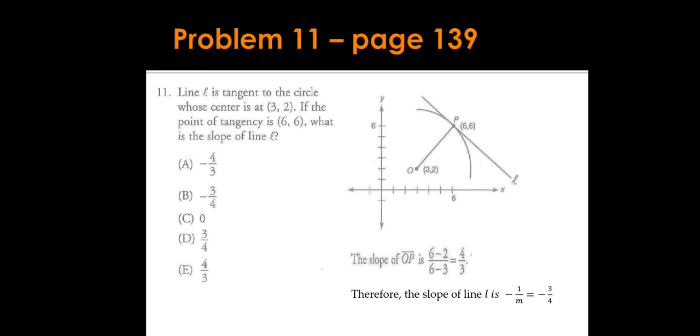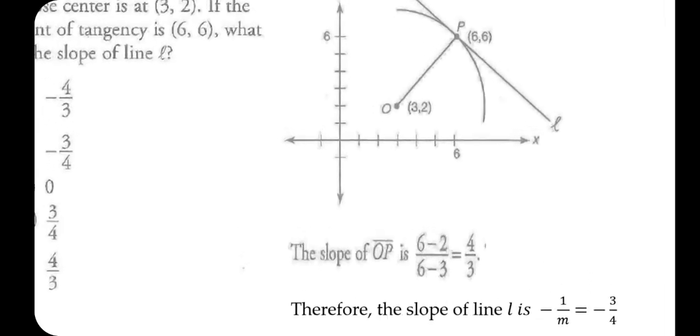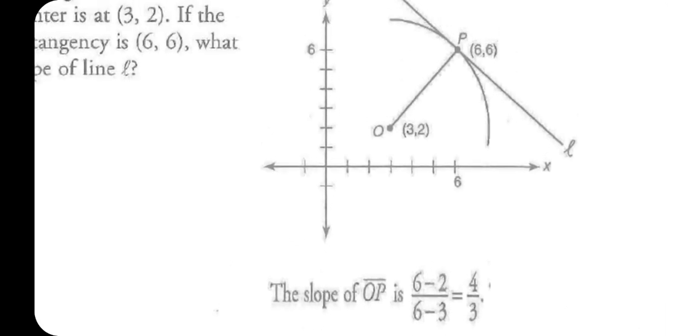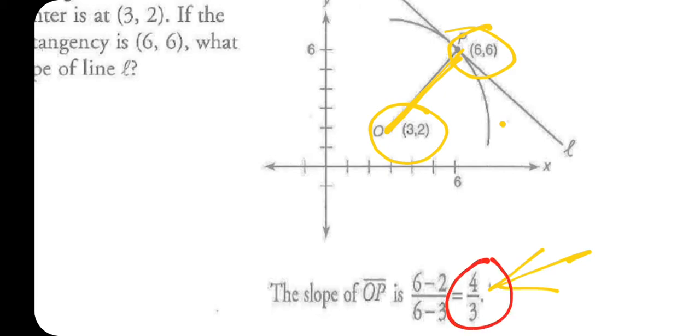Cool. Okay, we apply the slope formula to find the slope of OP, which is y2 minus y1 over x2 minus x1, and we find that the slope of the line OP is 4 over 3. Since line L is perpendicular to OP, then the slope of a perpendicular line is inverse and reciprocal.